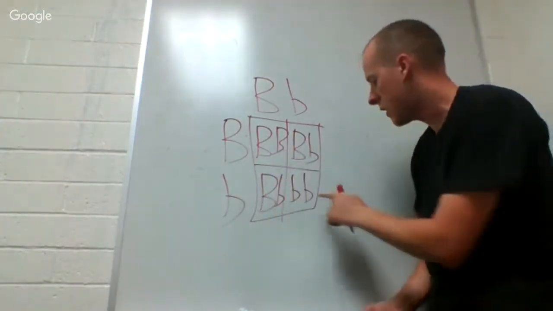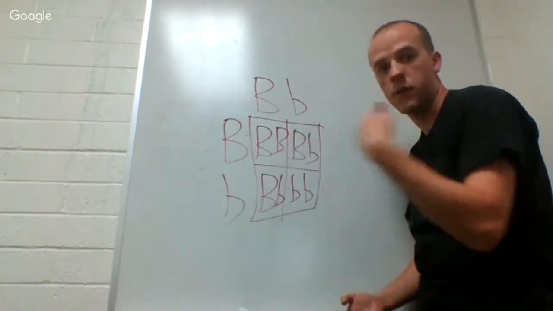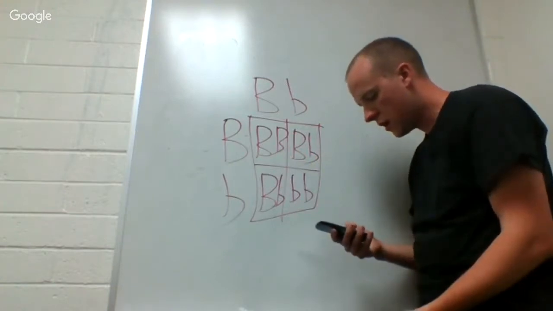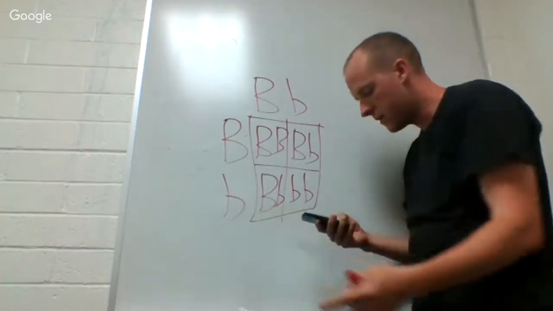If we do a cross, we get 1 that's unbearded and 3 that are bearded for males. And so the father is going to be bearded and the mother is going to be unbearded.